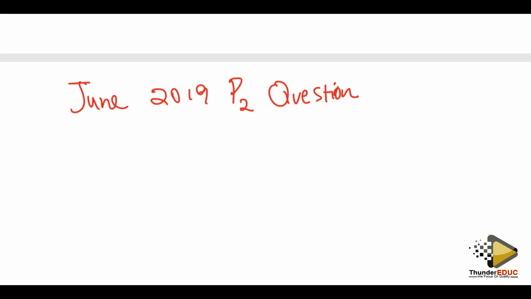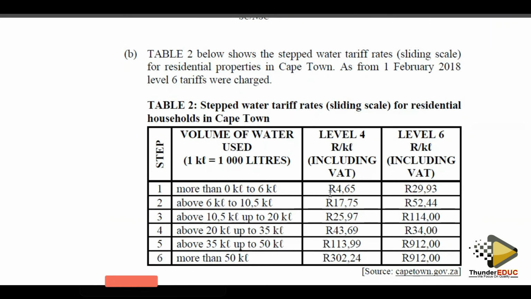They're saying use the table to calculate the amount a household will have to pay for consuming 15.3 kiloliters. I'm here looking at this. It belongs to bracket number 3. We shall look at the level 6 tariff.